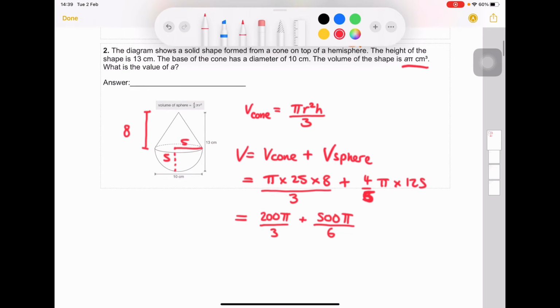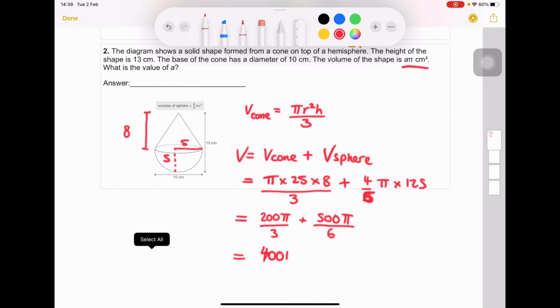So now we're just adding the two fractions together. So we have, let's say 400 pi over 6 plus 500 pi over 6 equals 900 pi.